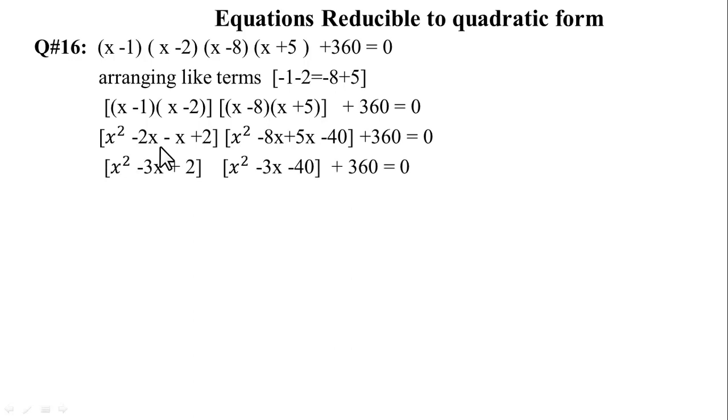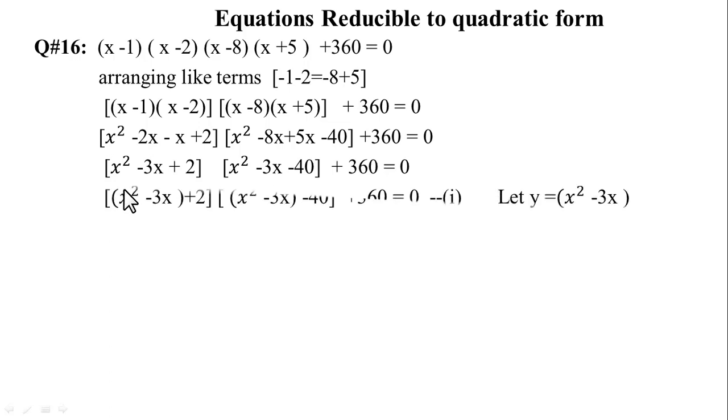Here x square minus 3x plus 2 and also x square minus 3x minus 40 plus 360 is equal to 0. Now we can see that the first two terms have the same values. So we can write x square minus 3x plus 2 and x square minus 3x minus 40, plus 360 is equal to 0.